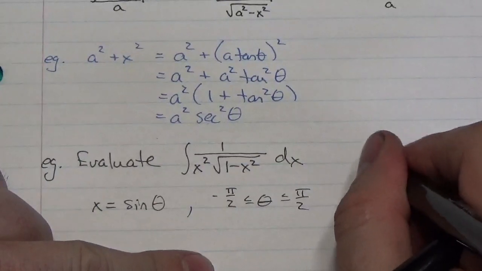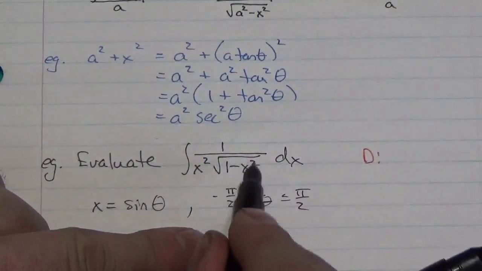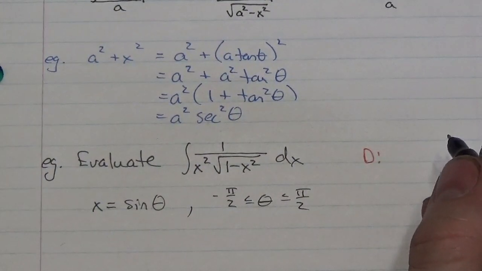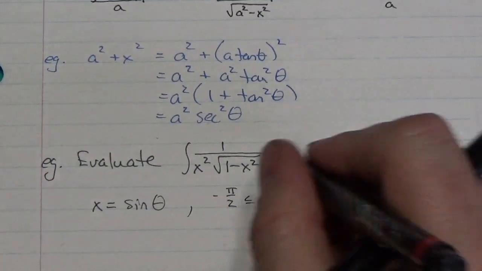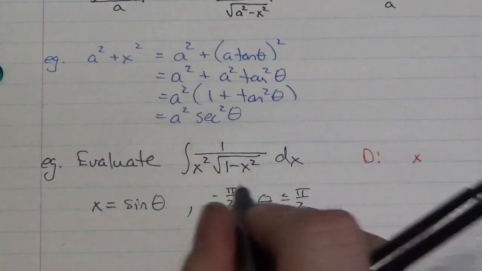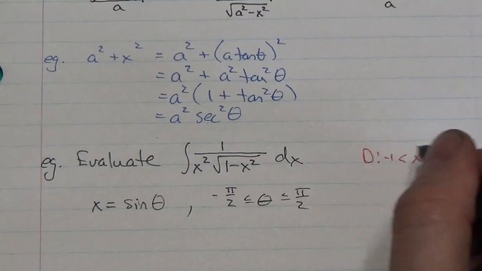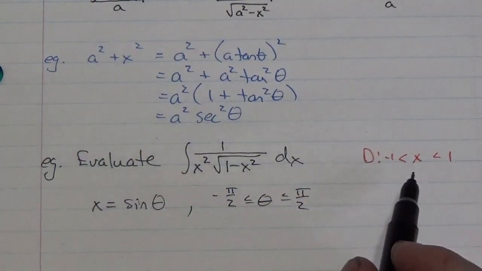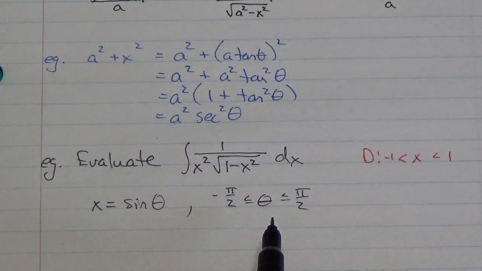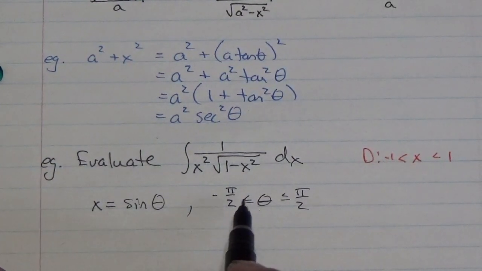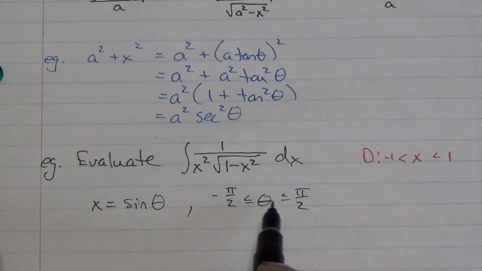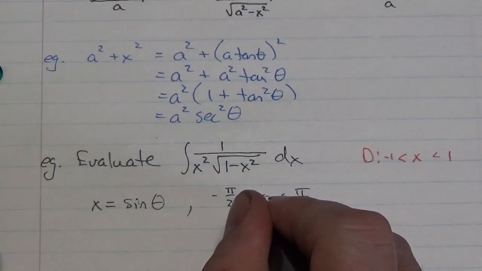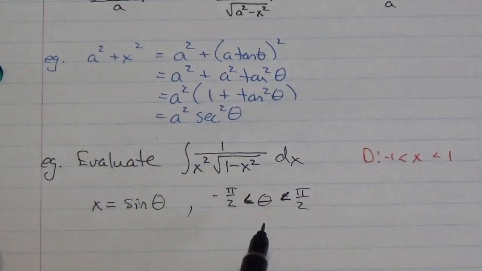Notice that my domain here, because of the radical down here, is that x is going to have to be greater than negative 1 and at the same time less than positive 1. Okay? Now, that implies, and maybe not or equal to here because of those endpoints, but certainly I'm going to, and actually I will do that, I'll get rid of the endpoints there.